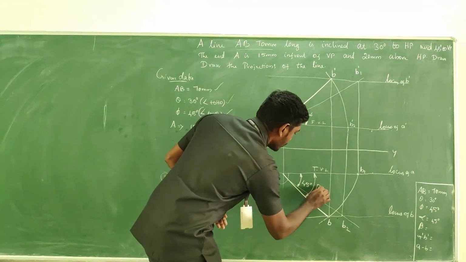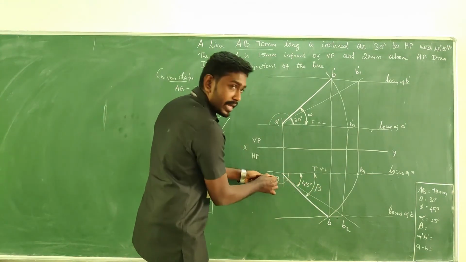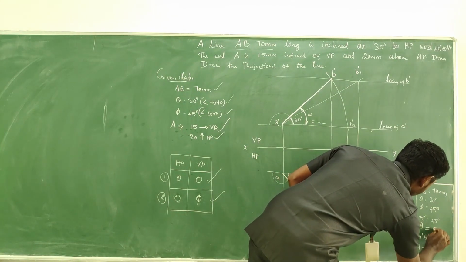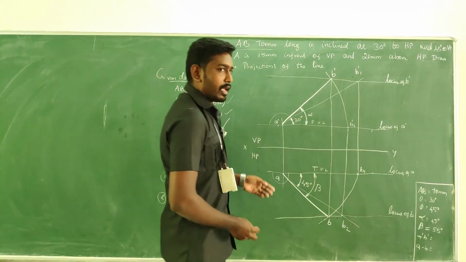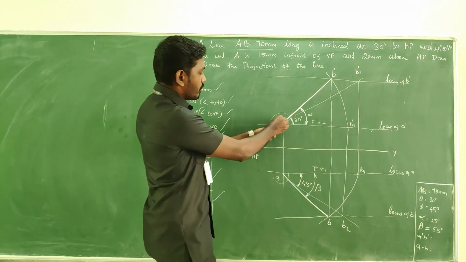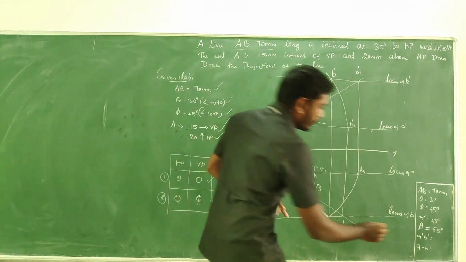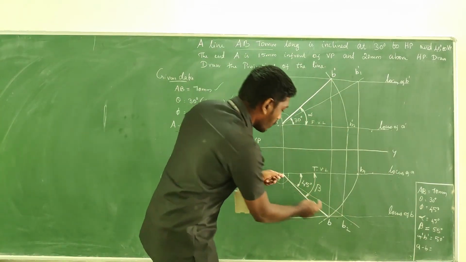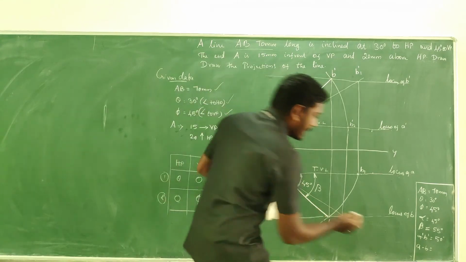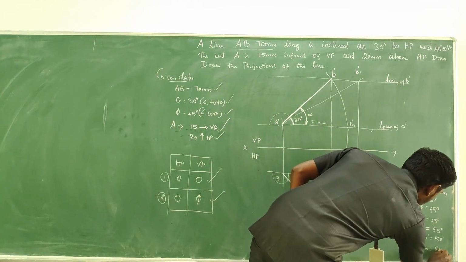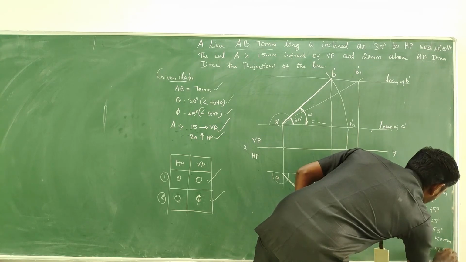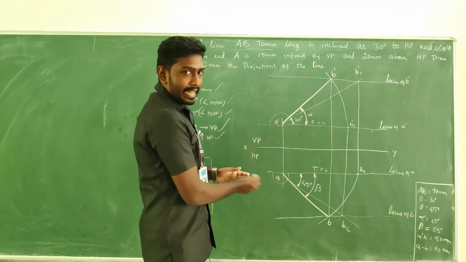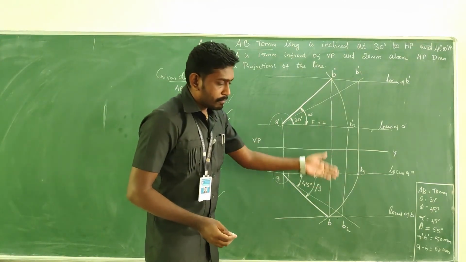If you keep a protractor in this manner and measure it, you will get 55 degrees. In the final front view, A dash to B dash, we get 50 with the help of a scale. In the top view, you measure with a scale and get A to B as 62 mm.